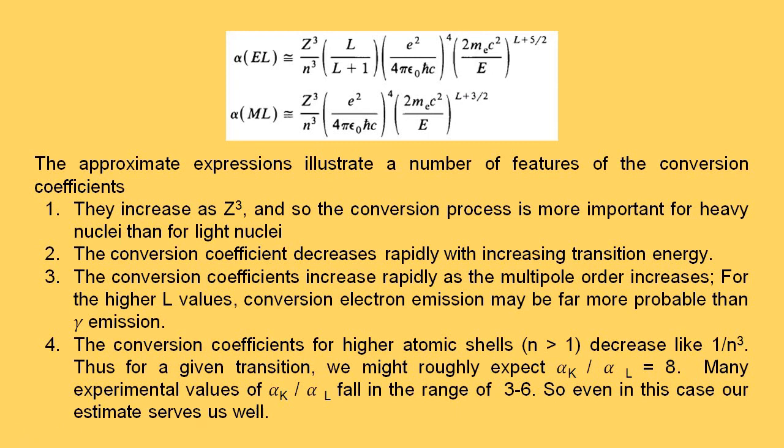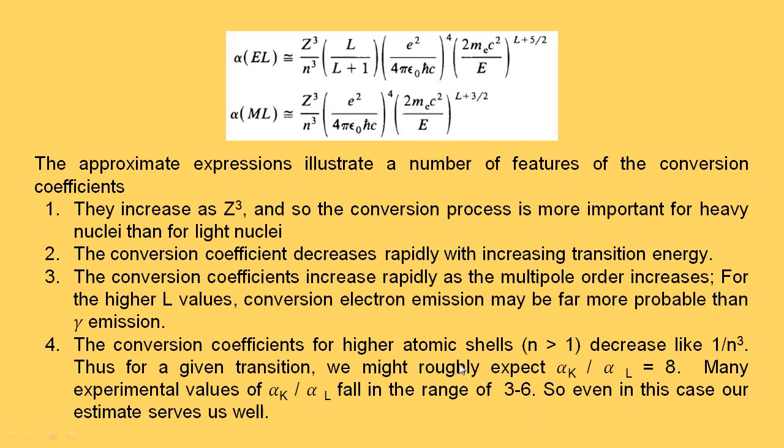So, when multipole order increases, you can see that electron emission may be far more probable than gamma emission. Suppose you have L as 4, 5, 6, etc. This will be increasing. So, in that case, multipole gamma emission is very less compared to internal conversion.